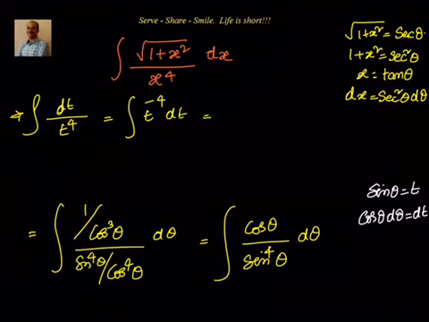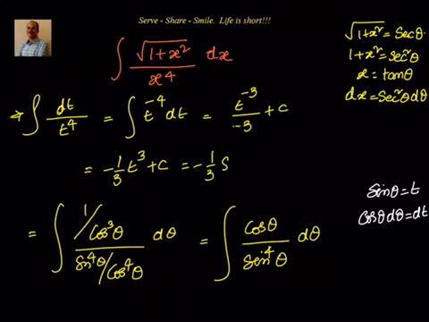Now it is nothing but t power minus 4 plus 1 divided by minus 4 plus 1, or can I say minus 1 by 3 t cube plus c? Now but what is our t? Our t is sine theta, that's minus 1 by 3 sine cube theta plus c.